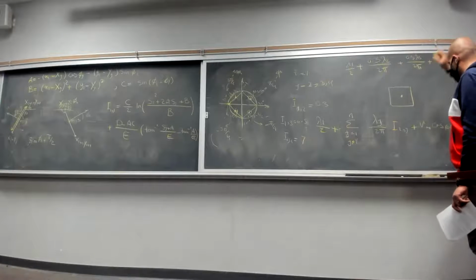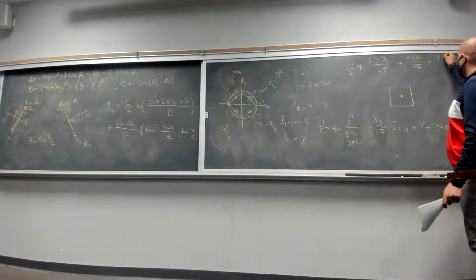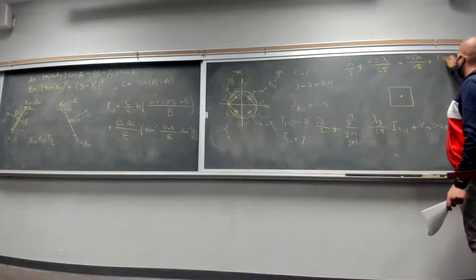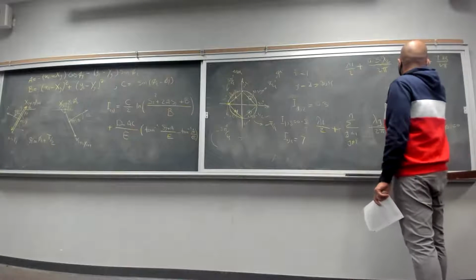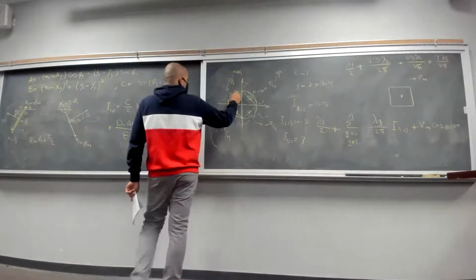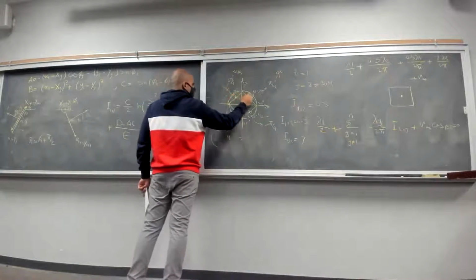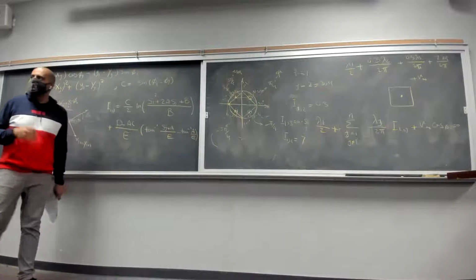plus the last one, I of 1 and 4, 0.7, multiplied by lambda 4 divided by 2 pi, plus V infinity cosine of beta 1. We said beta 1 is this, right? So pi over 4 plus 90.